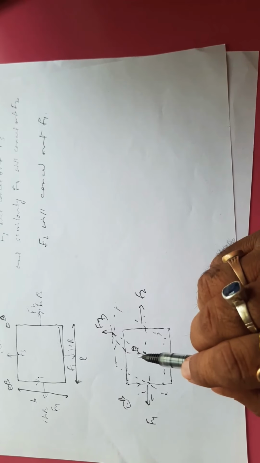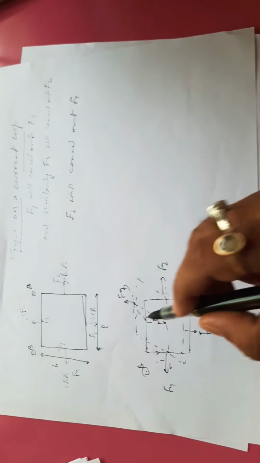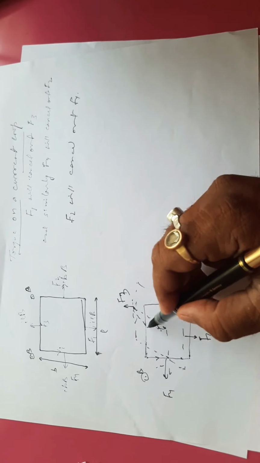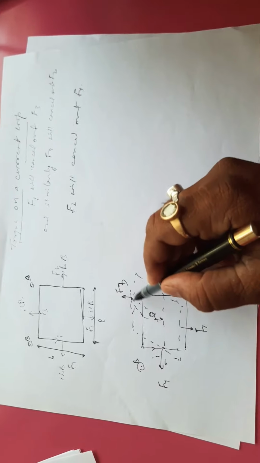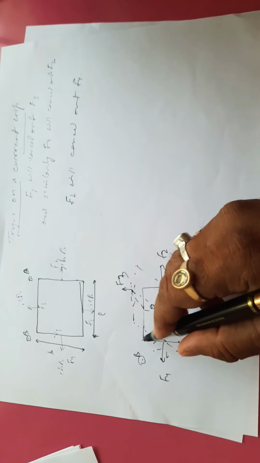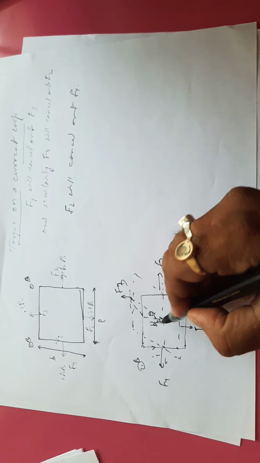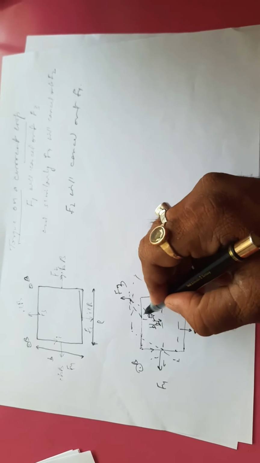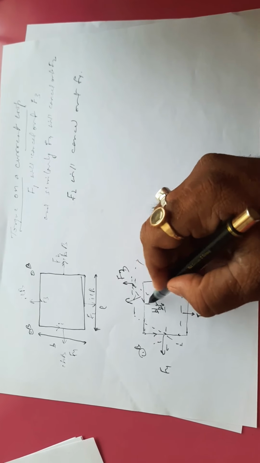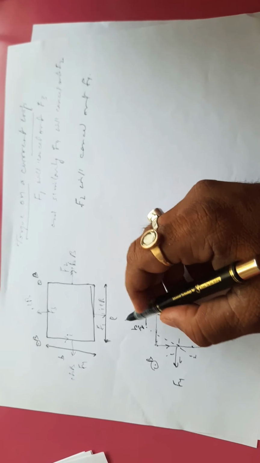But what will happen to this F3 and F1? Now what we can see over here is that there is an angle theta, and this is a perpendicular distance which we can see. The length is B, so this will be B by 2, and this is theta, so this particular line will be B by 2 sine theta.